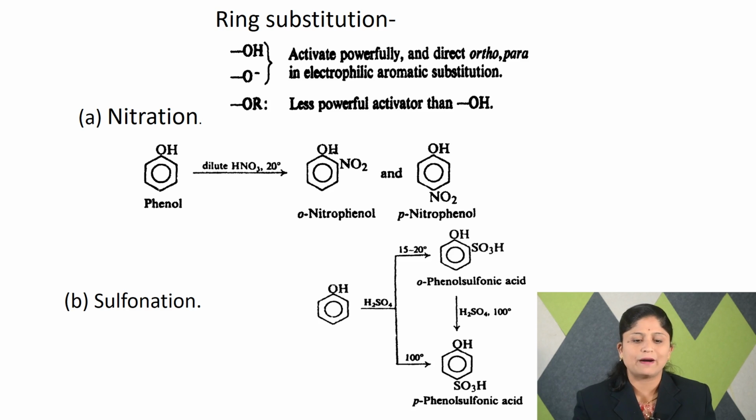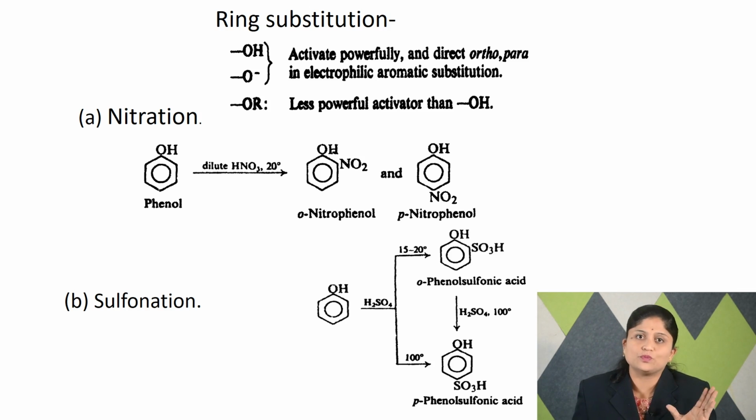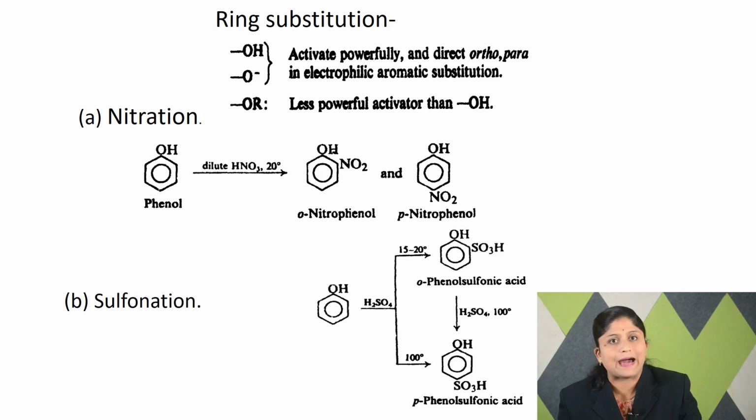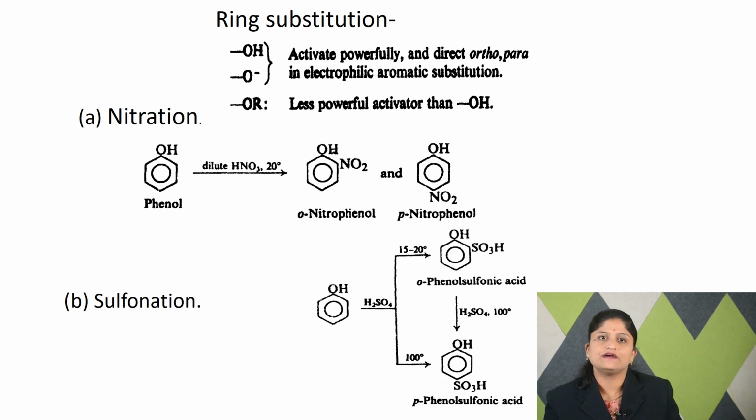So when we are talking about phenol going for nitration reactions, the nitro group is substituted first of all at the ortho position and subsequently at the para position. That means phenol is going to produce ortho and para substituted derivatives if it undergoes ring substitution type of reaction.